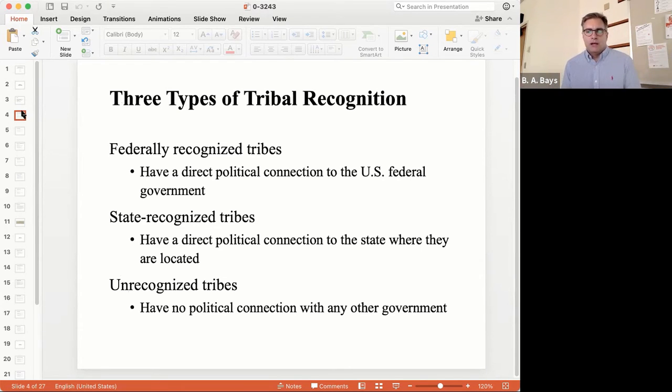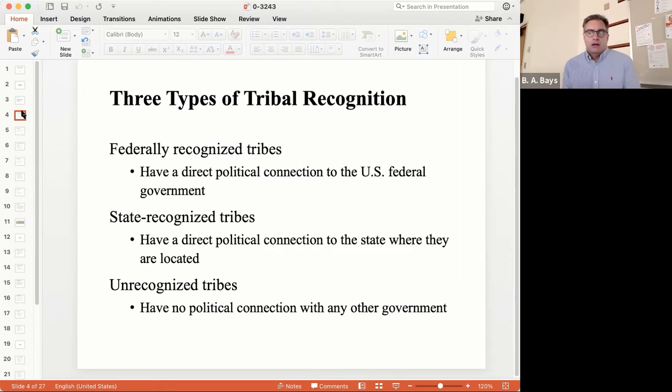Being federally recognized is very, very important for a sovereign tribal nation, right? What does federal recognition bring? Well, okay, we'll see about that when we get to land today.